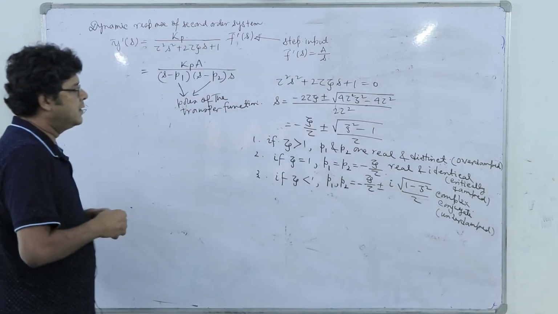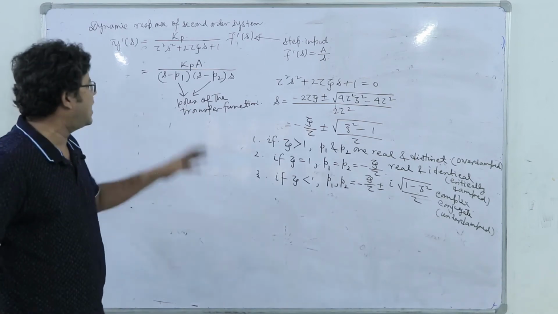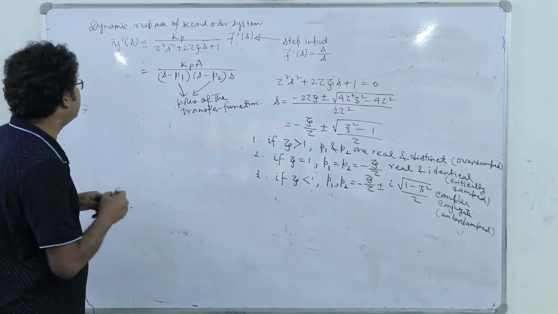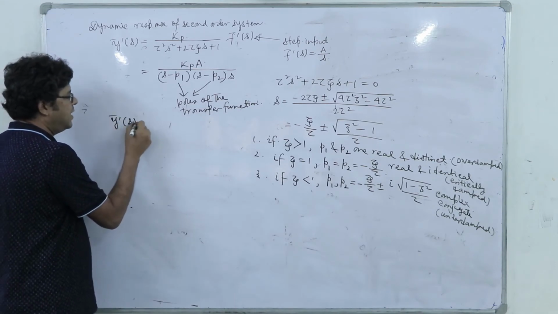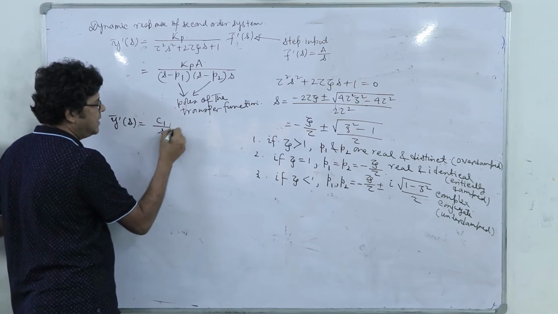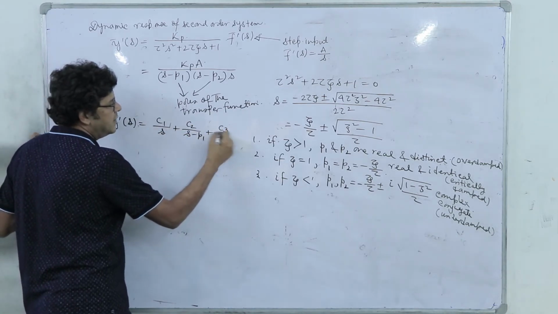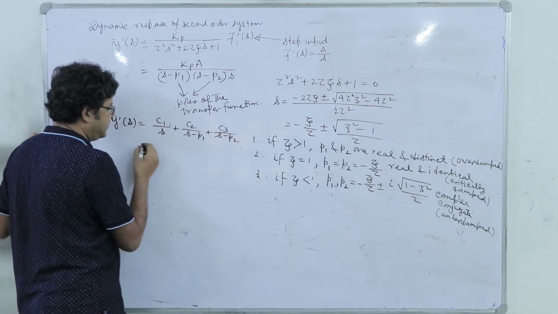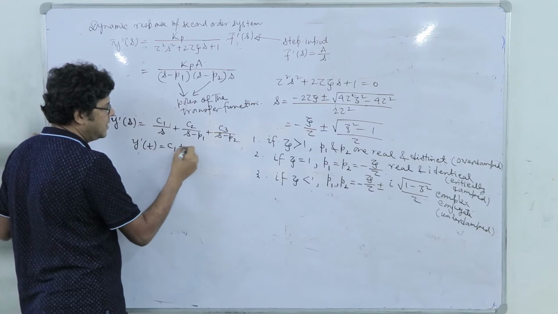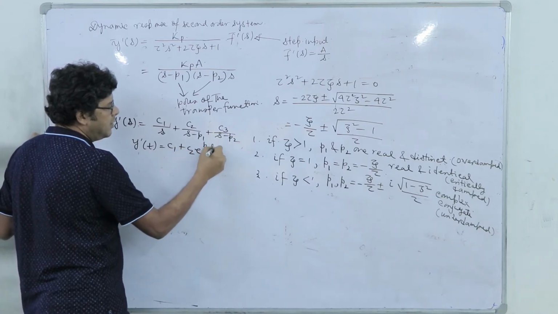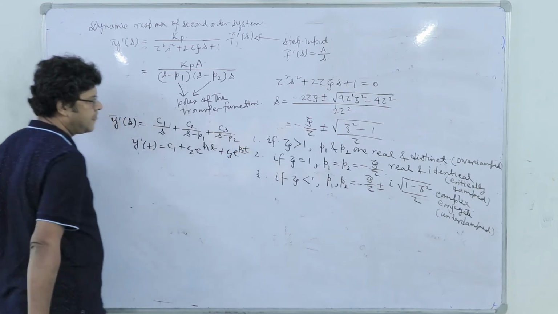Right. So for these three different values of P1 and P2, we will have three different responses. In general, we can write y prime bar s as C1 divided by s plus C2 divided by s minus P1, plus C3 divided by s minus P2. So y prime t will be equal to C1 plus C2 into e to the power P1t plus C3 into e to the power P2t.